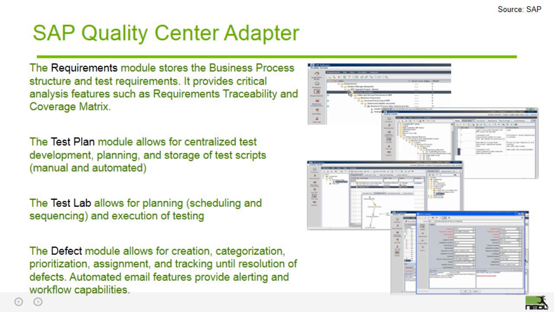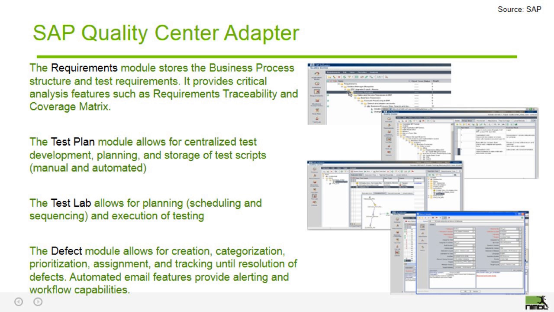But with Service Pack 10 onwards, now you're able to take the BPCA results and build a test plan in Solution Manager. And with the enhancement of the adapter between Quality Center and Solution Manager, you're also able to build the test plan within Quality Center itself also.